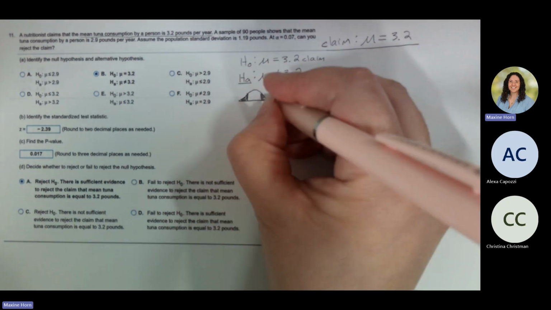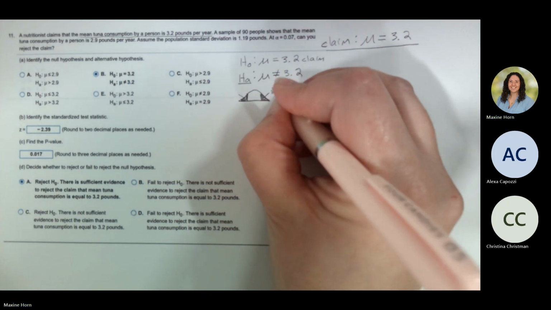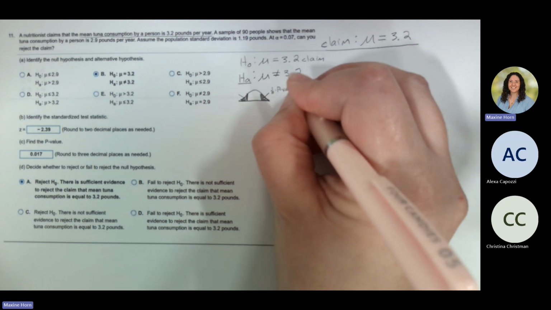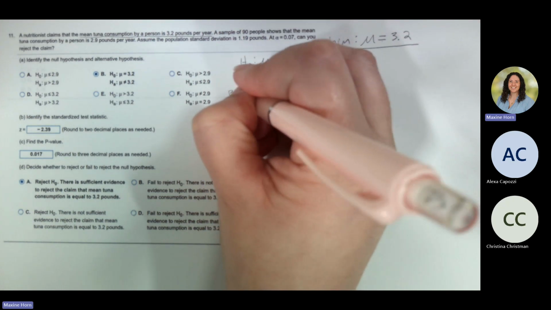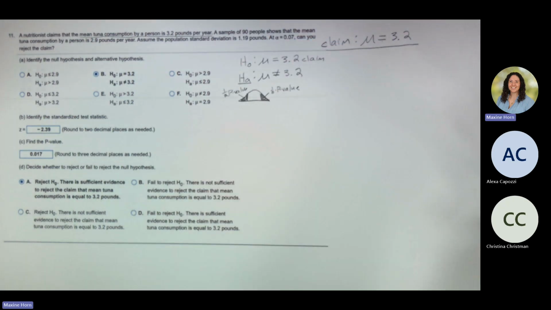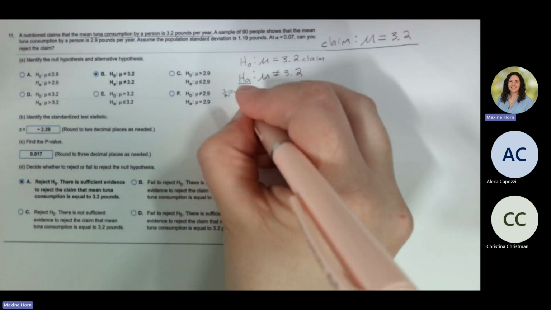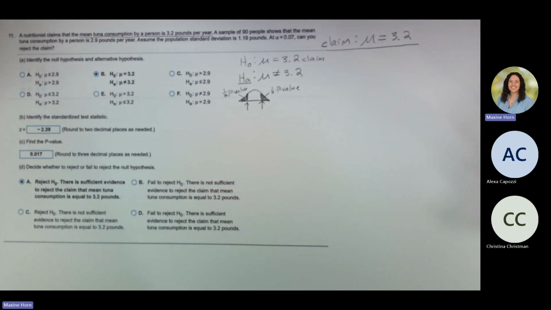Keep in mind that this is 1/2 of your p-value, and this is 1/2 of your p-value. And your standardized test statistic, you're going to have both a negative and a positive.